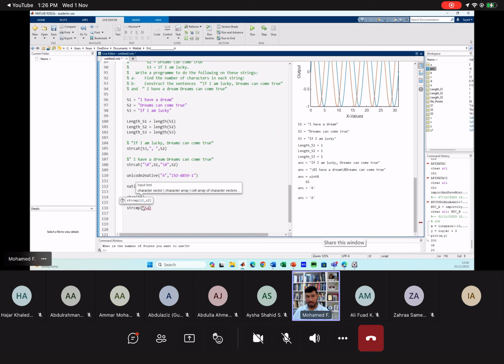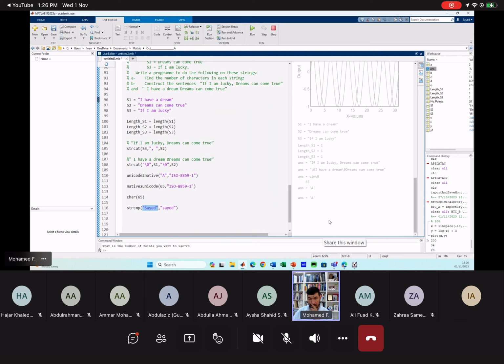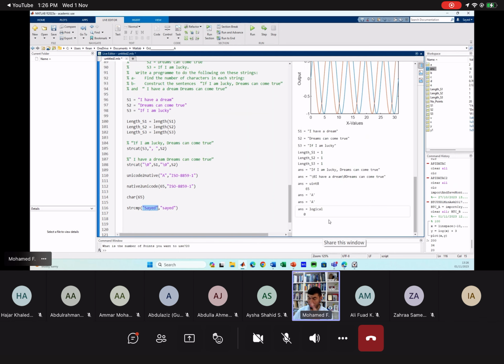I'll make it Sayyid with a capital letter, and the second one is Sayyid as a small letter. We want to compare between these two strings to see if they are the same. So we should get an answer of what? 0, not true. So we can see it's 0. However, if I change that letter now to capital, we can see they are identical. If I run it now, I can see the answer is what?